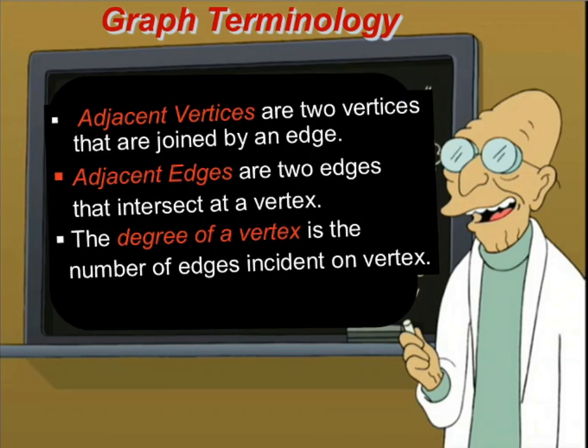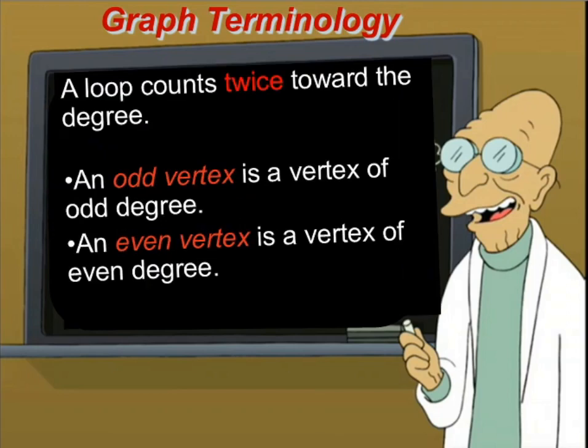Adjacent edges are two edges that intersect at a vertex. And the degree of the vertex is nothing but the number of edges incident on that vertex. I'll give you the example after these terminologies.